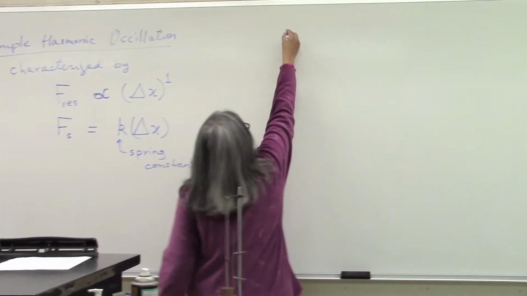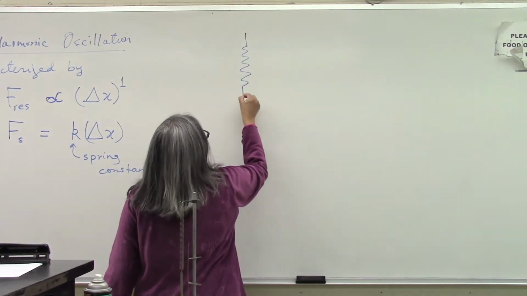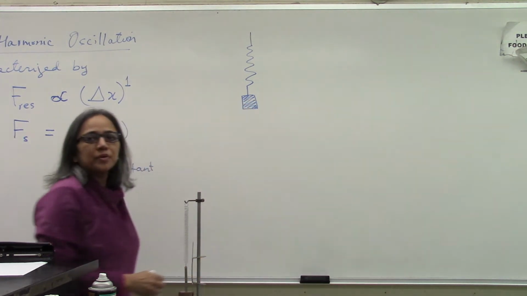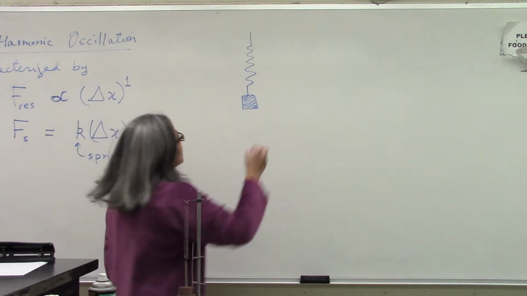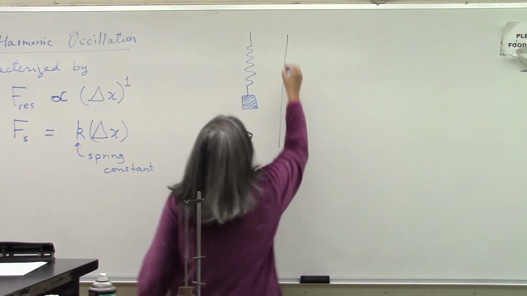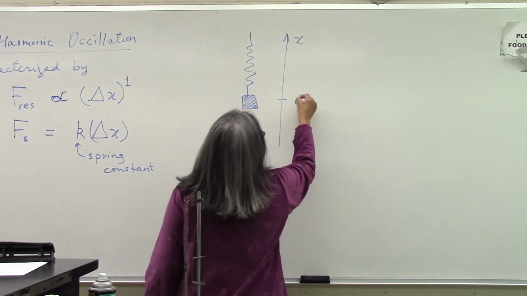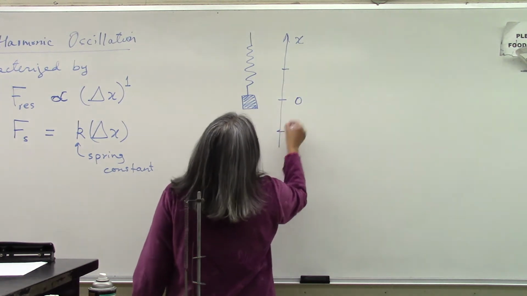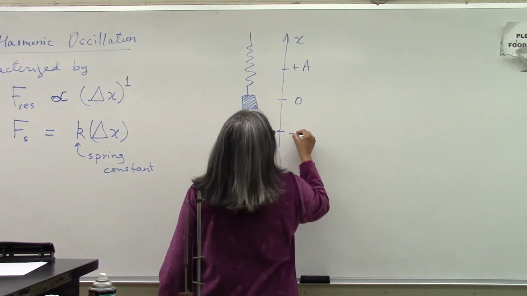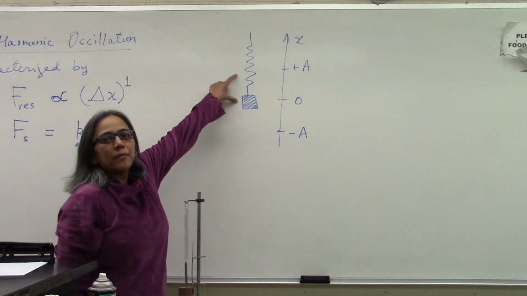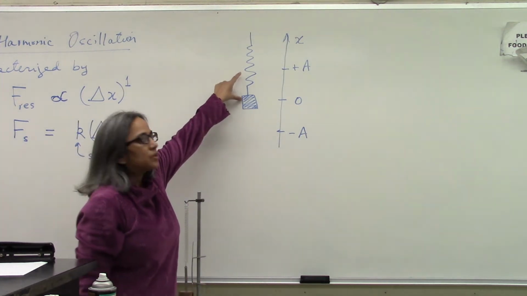So imagine this mass spring oscillator going up and down between 2 points. So here I'm going to have a vertical x-axis, which is a little weird, but don't worry about it. This is plus A, minus A. Recall that the maximum displacement from equilibrium is called the amplitude.